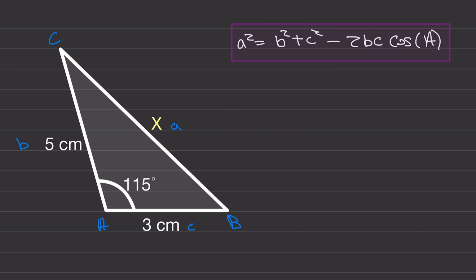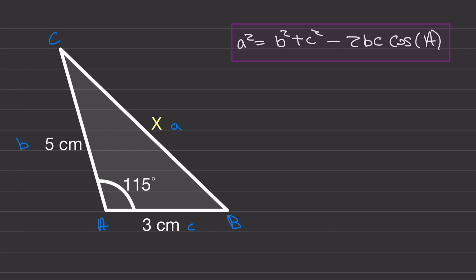Now, to use the cosine rule, we've got everything labeled. We've got uppercase A, lowercase c, lowercase b. We don't have uppercase C. We need to figure out what x, so a, is. The equation here is perfectly spelled out for us, so all we need to do is plug in the values.